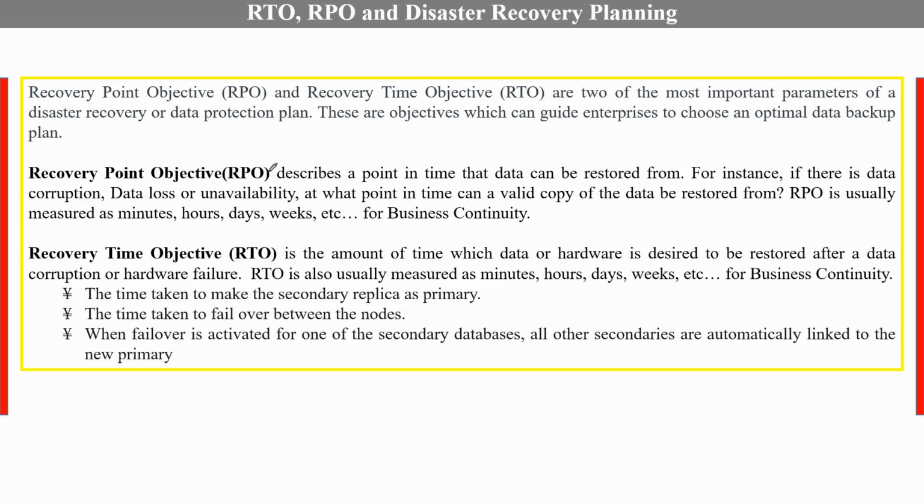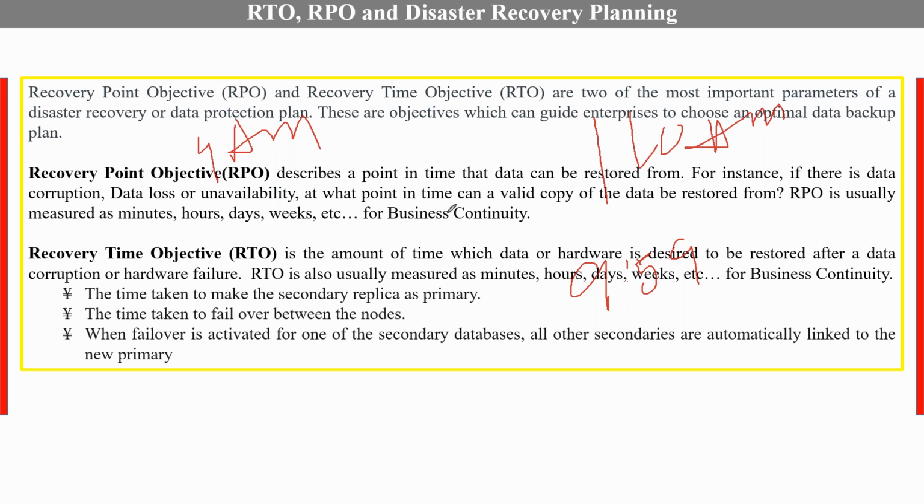If you configure backups for every 1 hour, 9 a.m., 10 a.m., and at 9:59 your database got corrupted, up to what point can you recover your data? That is nothing but your RPO, sir.